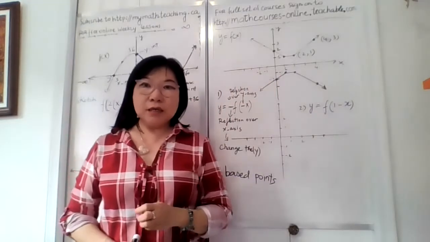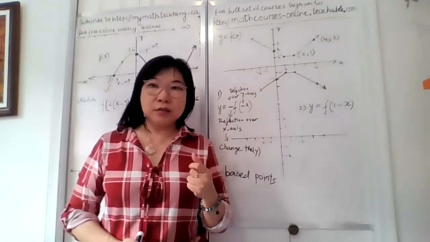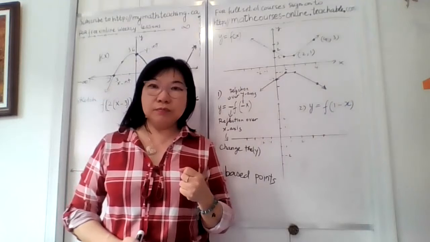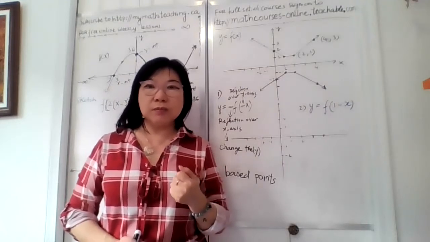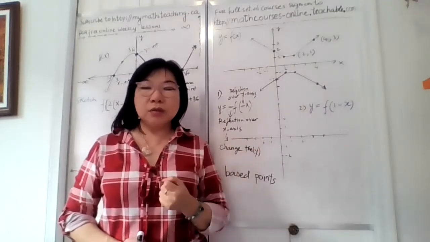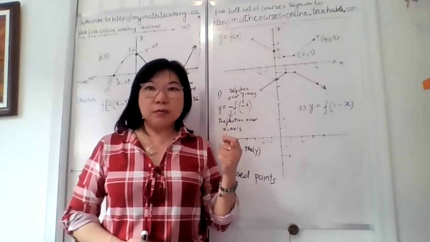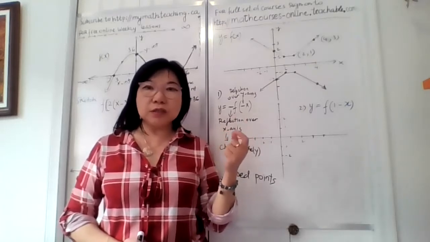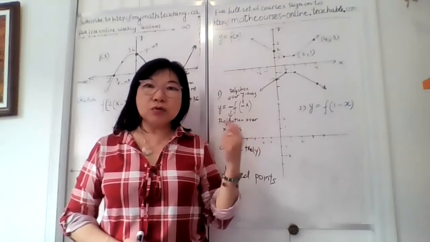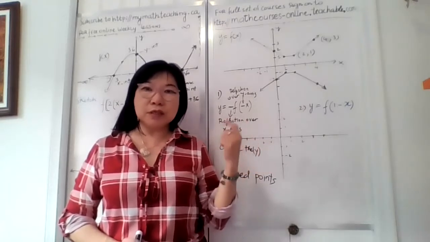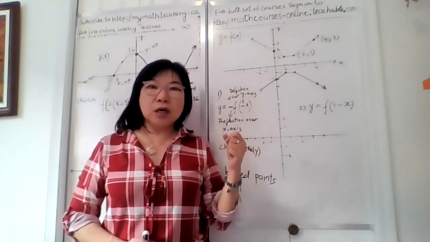Now keep in mind for the stretching or reflection, we don't have to follow the order. You can do the vertical stretch first and then horizontal stretch, or you can do horizontal stretch first and then vertical stretch.